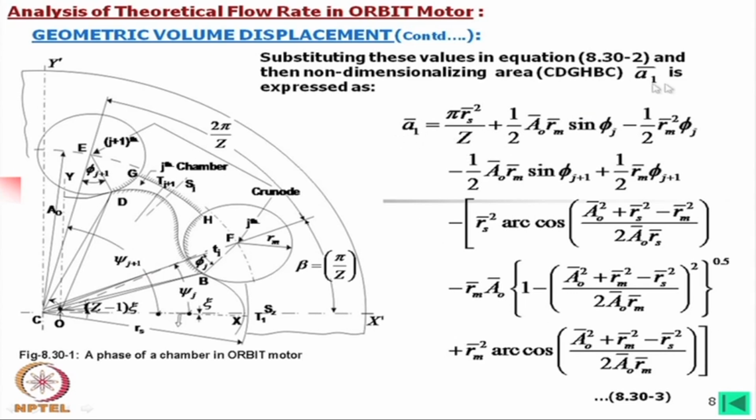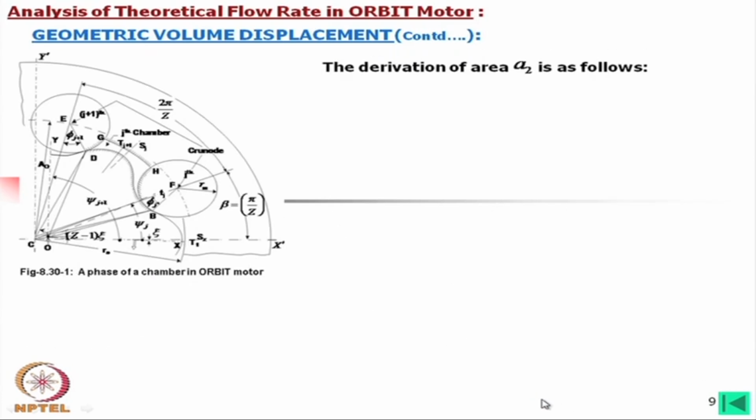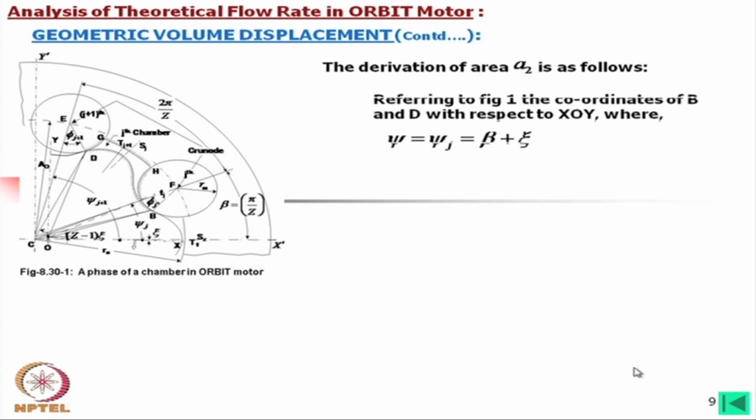Now, in the non-dimensional form, this can be expressed as that. I am not reading it. When this equation is available, you can sum up and non-dimensionally arrive at that. So, now we have calculated only one area, A1. In the next page, we find out A2.